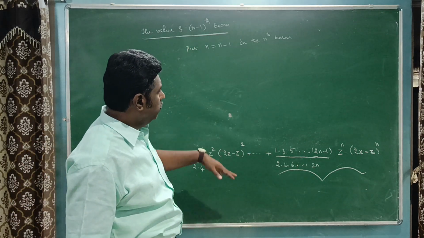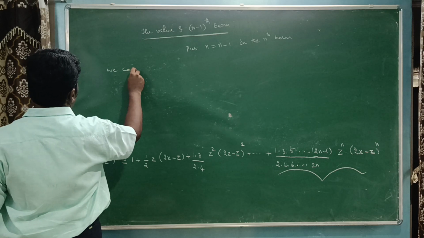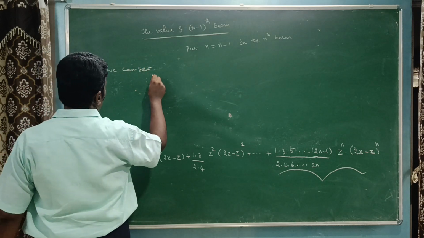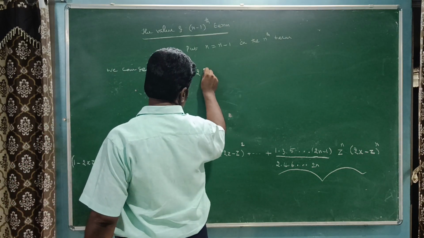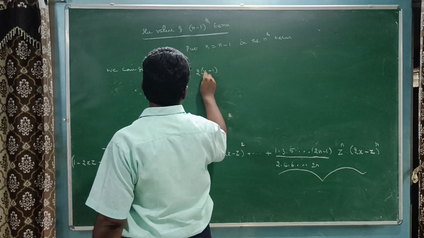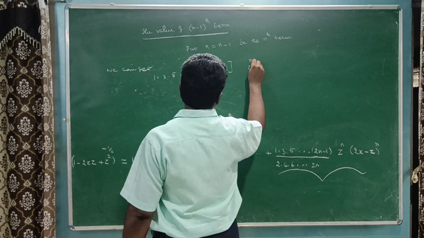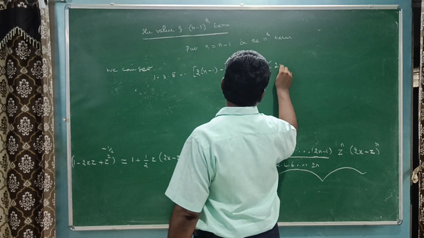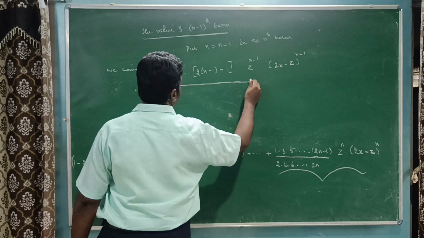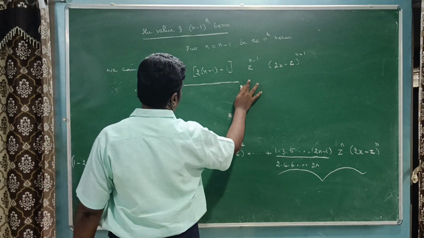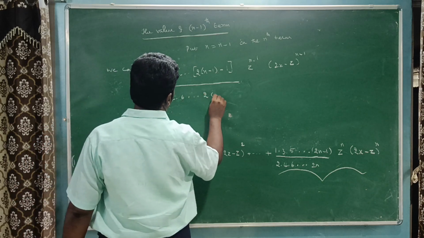Now we get (1·3·5···(2(n − 1) − 1))/(2·4·6···2(n − 1)) z^(n−1)(2x − z)^(n−1).